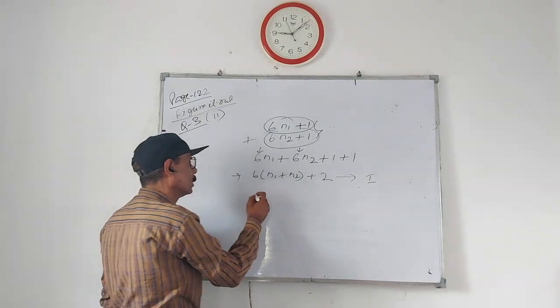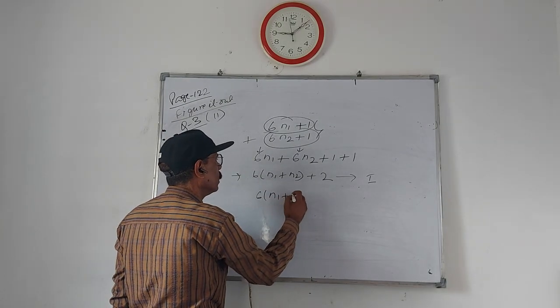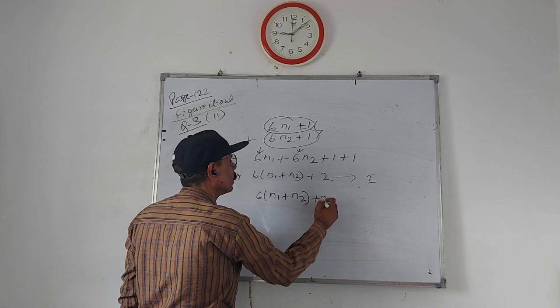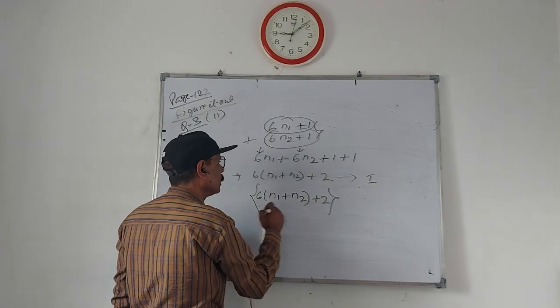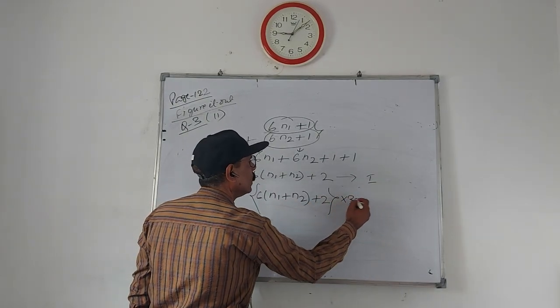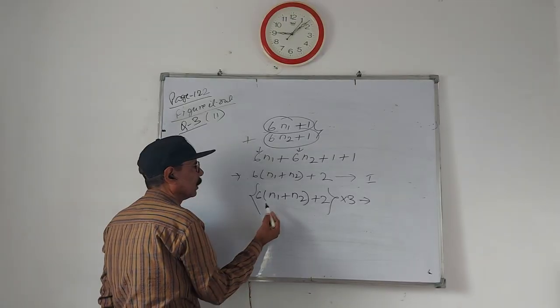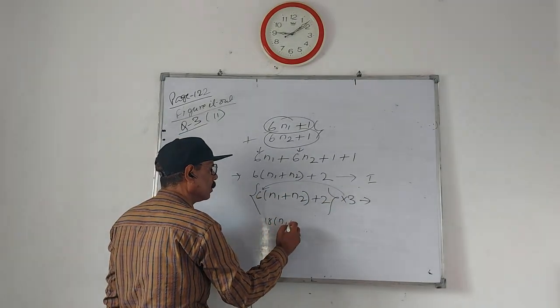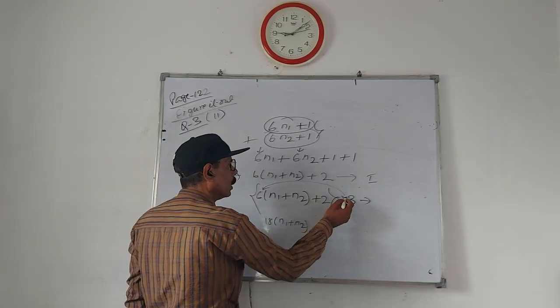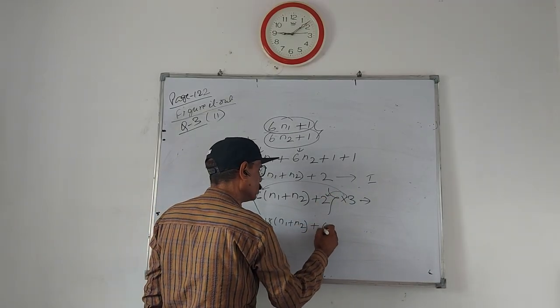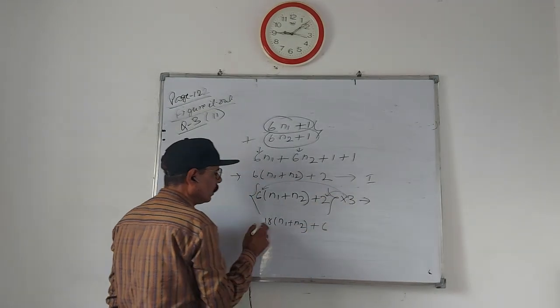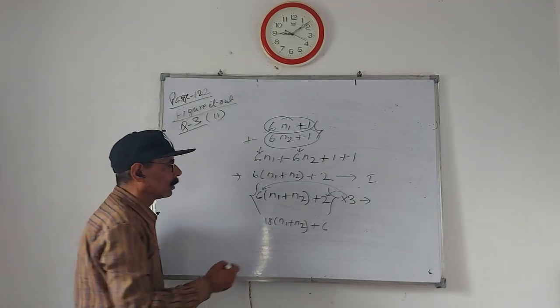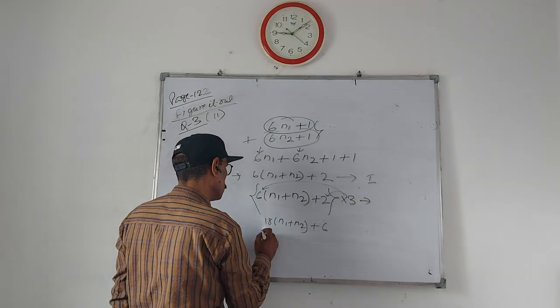See how. 6 times (m1 plus m2) plus 2, multiplied by 3. This will be 18 times (m1 plus m2) plus 6. The number will be like this. So then you take 6 out.